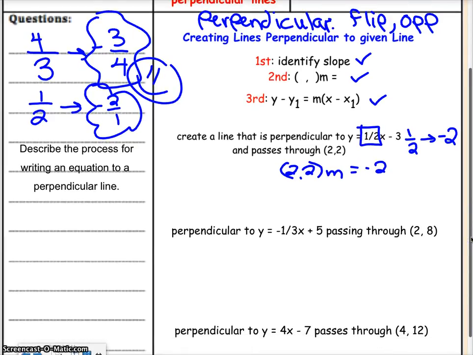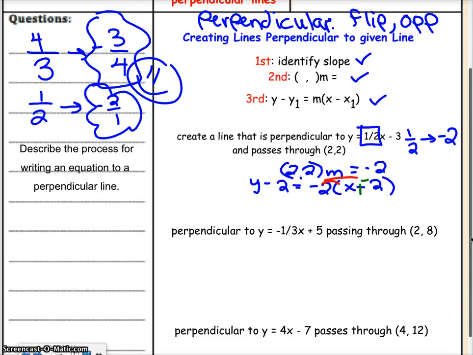I'll talk us through it. Y minus the y I'm given is equal to my slope times x minus the x I'm given. Get y alone. Now I don't plus a negative much, but definitely I plus a negative when I'm distributing a negative. So many kids mess that up.